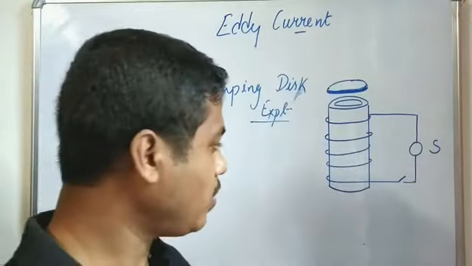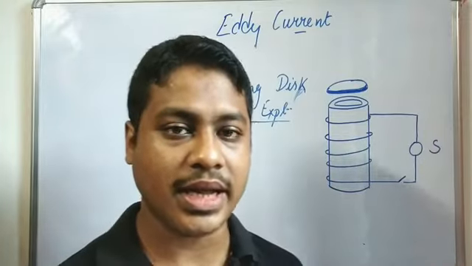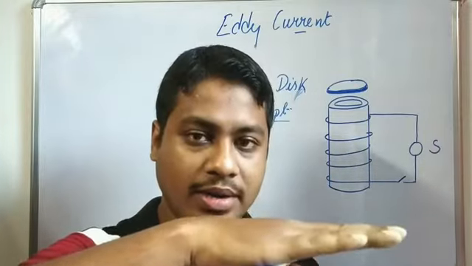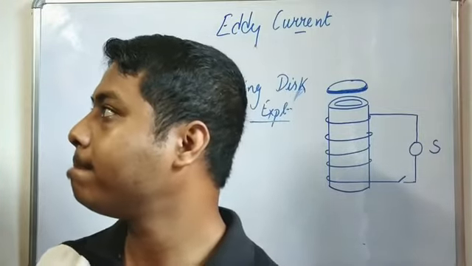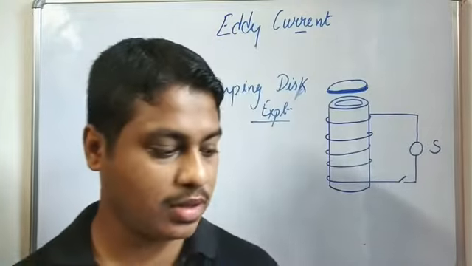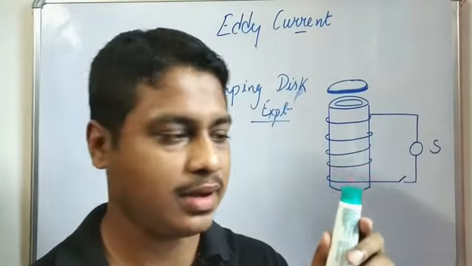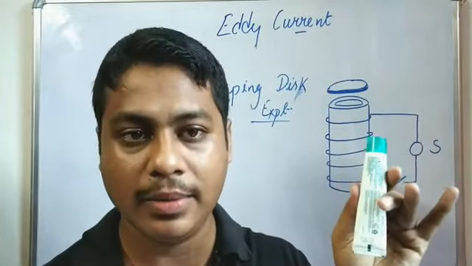Suppose I consider this as one tin, which has a lid above it. This whole tin is a metal.